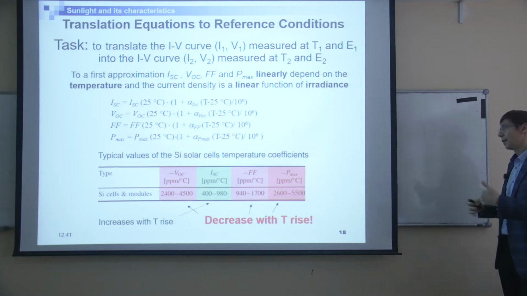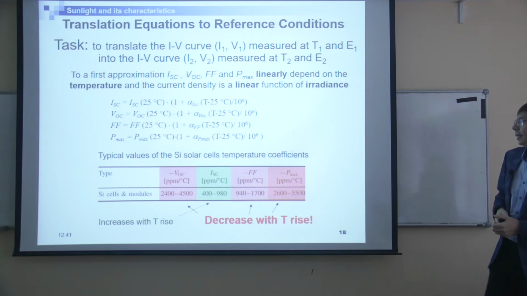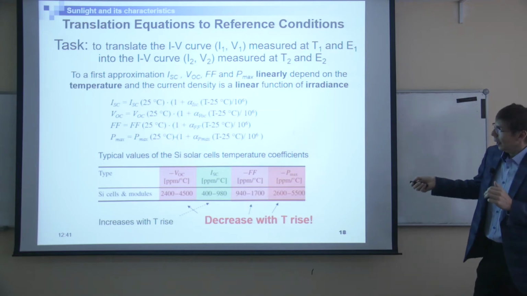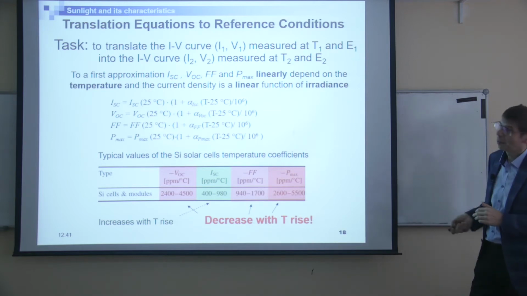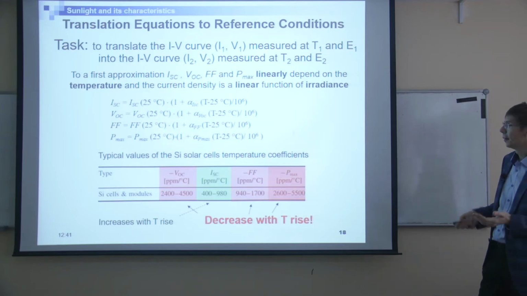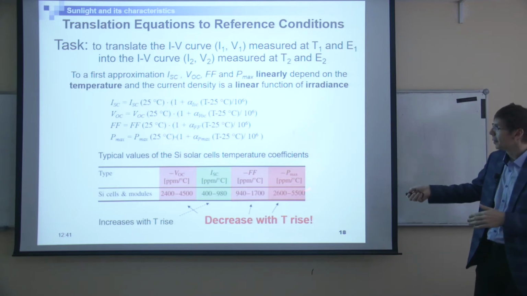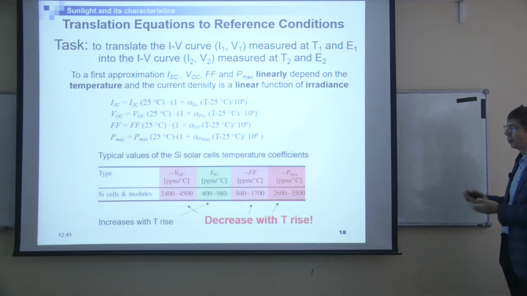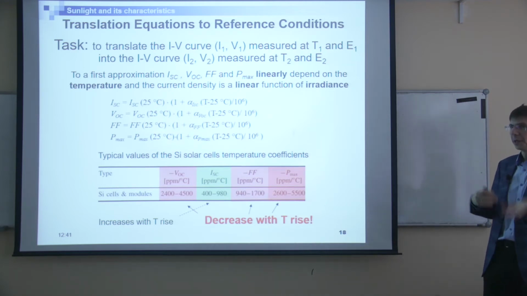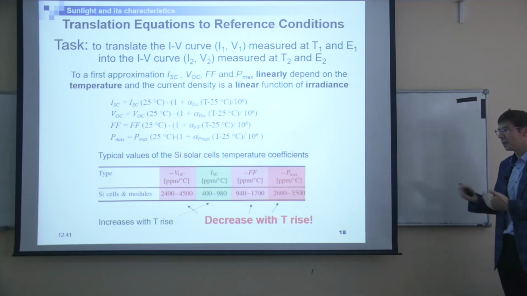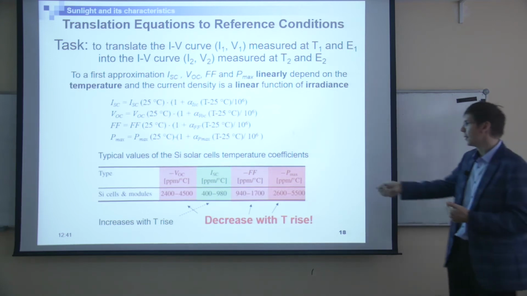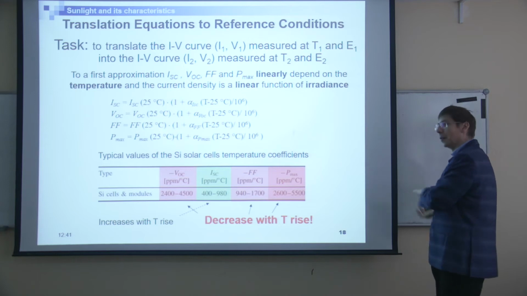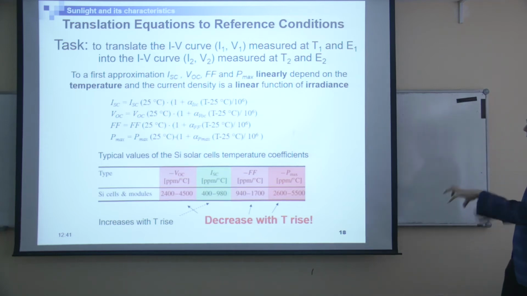In most cases, it decreases also with temperature, but it depends. And the power generated by the solar cell always decreases. Power, I mean the power and efficiency. When I say power or efficiency, it's the same thing, because efficiency is the power divided by the power of the incident light. Now it's some fixed standard condition, so there is no change.